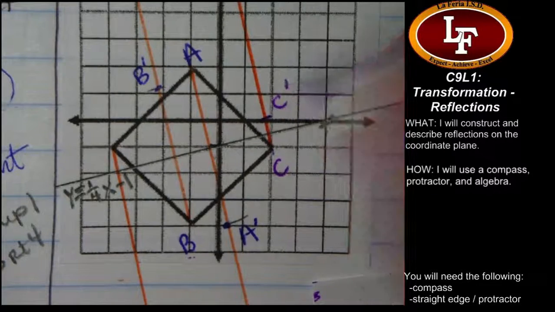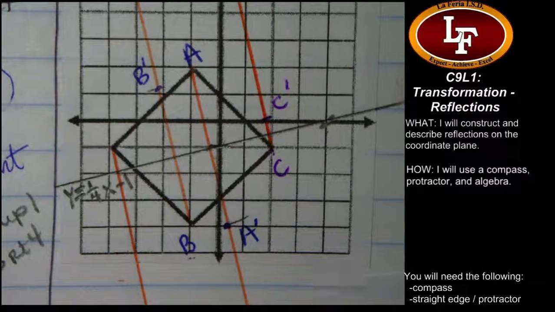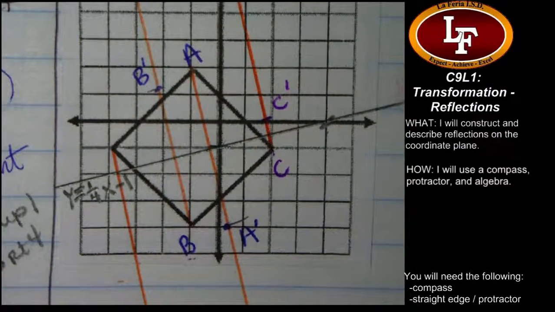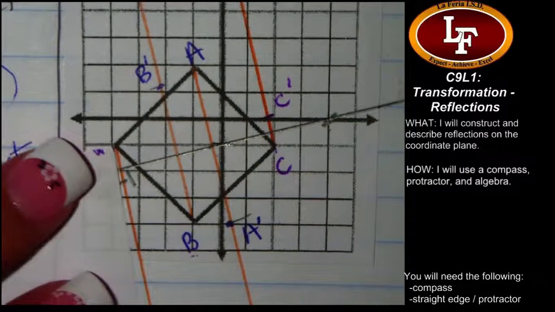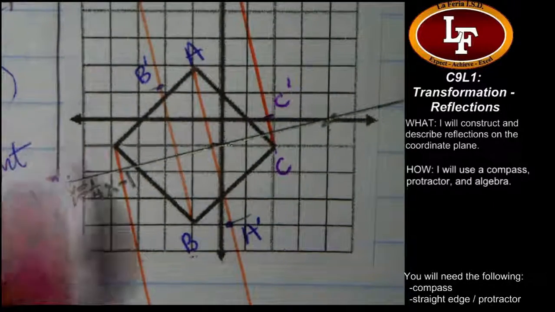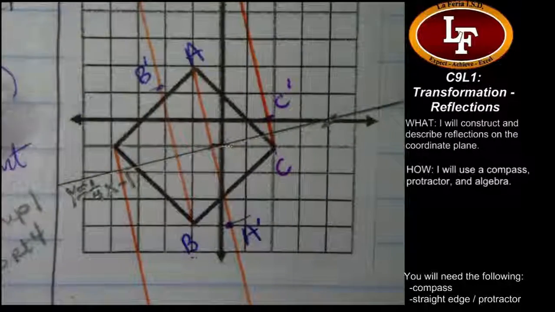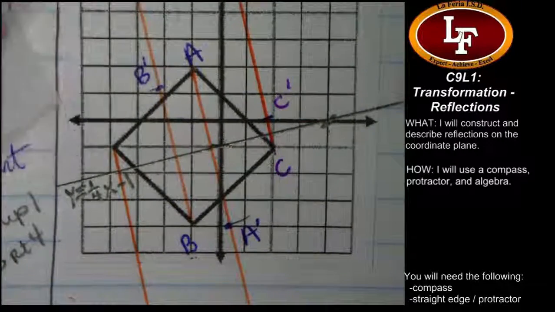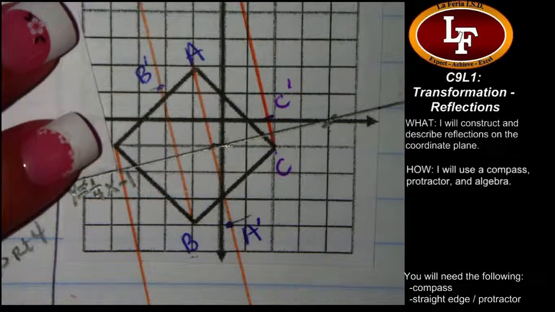That is where that point belongs. Do it again with the other side of your corner. I need to do it this way. I guess I have to flip my paper over.